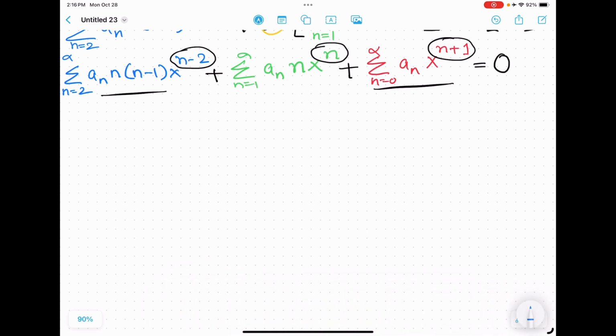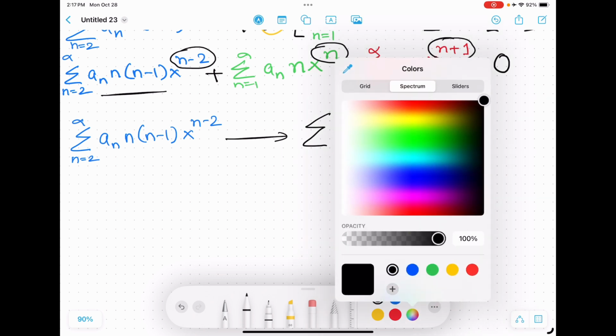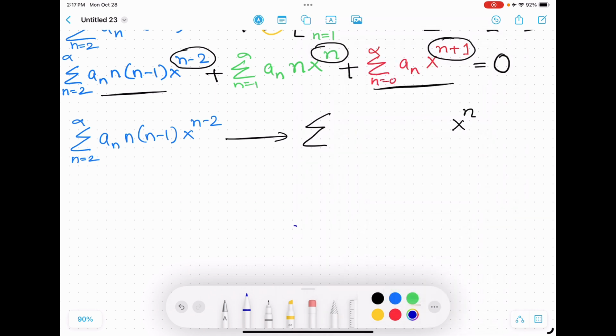I have my first power series, a sub n times n minus 1 x to the power n minus 2. Now it's going to be transformed so that its power is just n. And I'm going to use my blue color again. For some reason, I love this color.